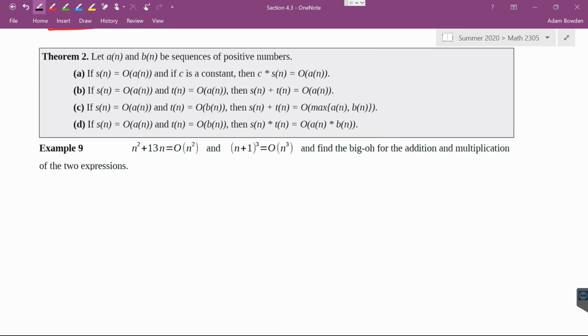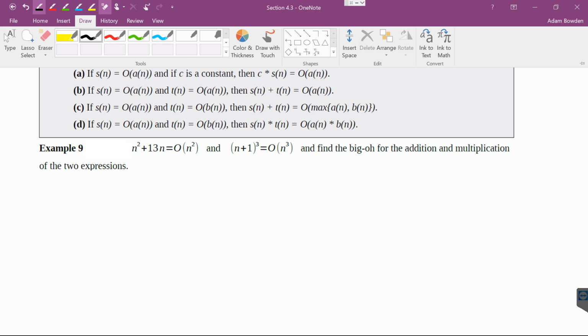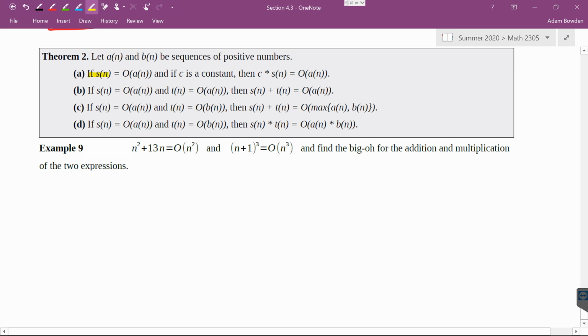Now for this one here, we have some properties we can use. If we have a of n and b of n, a sequence of positive numbers, then if s of n is big O of a of n and c is a constant, then c times s of n is still just big O of a of n. If s of n is big O of a of n and t of n is big O of a of n, then s of n plus t of n is big O of a of n.